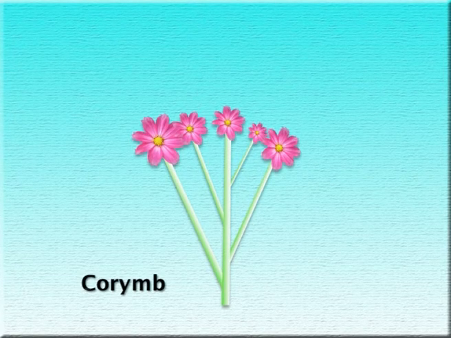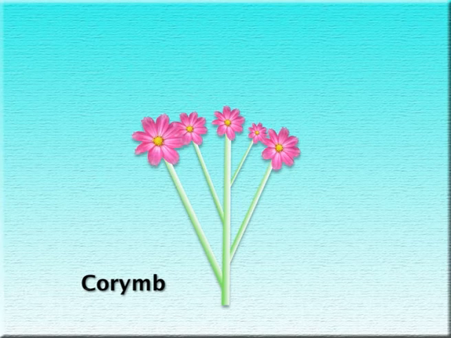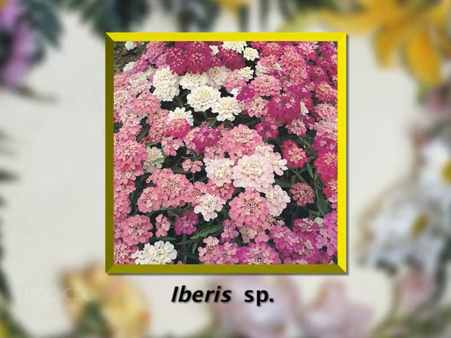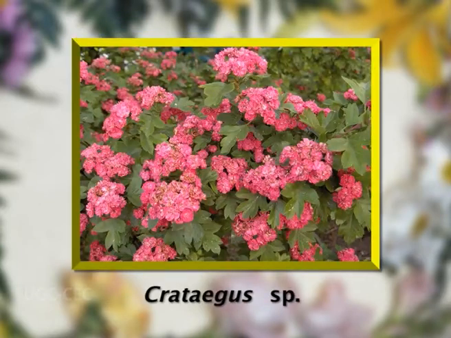The inflorescence thus appears rounded or flat-topped, with oldest flowers towards the periphery and youngest in the center of the cluster. The best examples of corymbs are Iberis or candytuft and Crataegus, which is hawthorn.